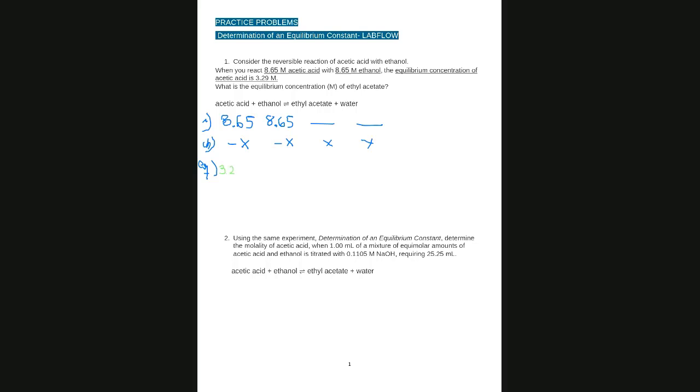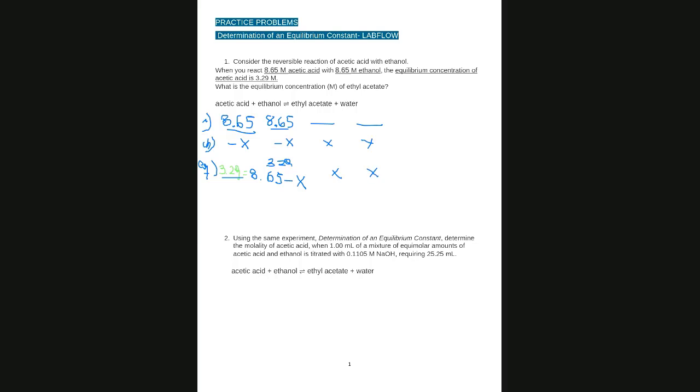But we know that this equals 8.65 minus x. This is given, and this is given, and this is given. Same is going to be with ethanol because it's the same amount. So we are going to say 3.29. And here we have x.